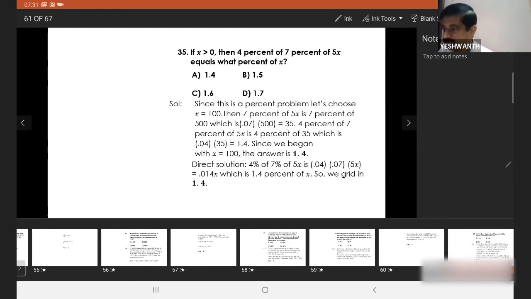So 7 5 is 35. Okay. So 4% of 7% of 5x means 4 by 100 into 35. That is 1.4. So you have option A.